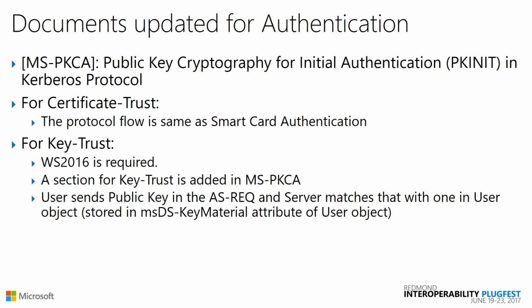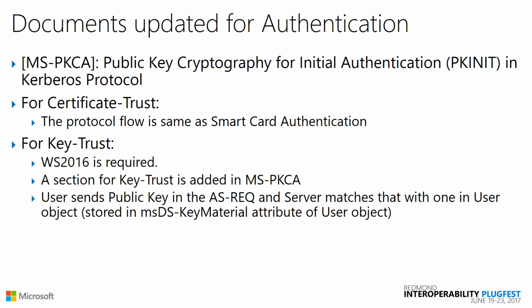If you have a certificate, the user mapping is done differently. But if you have just the public key, we have only one way of mapping the user to the proper object, and that is comparing the public key in the msDS-KeyMaterial attribute of the user.